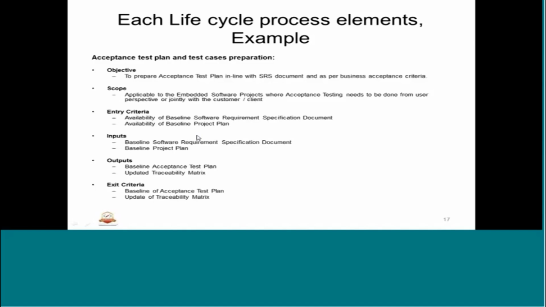Then we have the inputs as SRS and project plan, outputs as baseline test plan and traceability. Exit is the outcome of the testing what we do. The test plan is the outcome along with the traceability report.